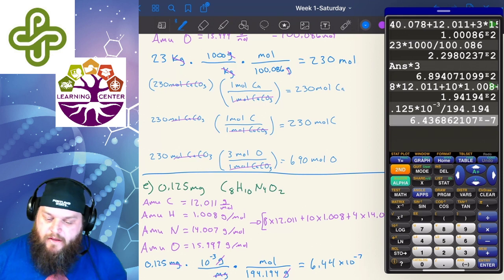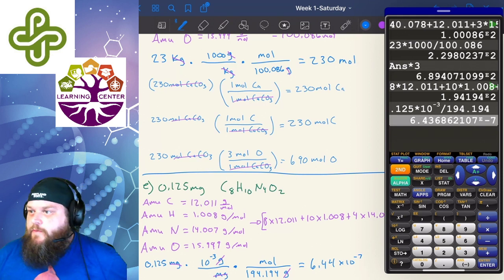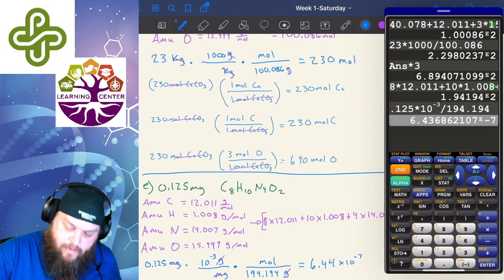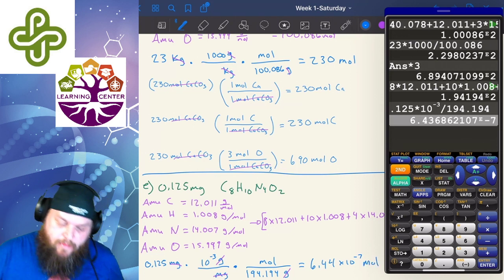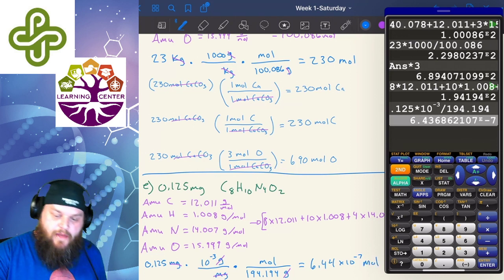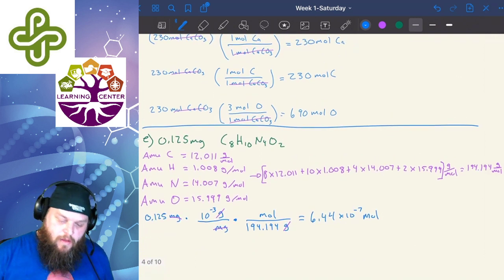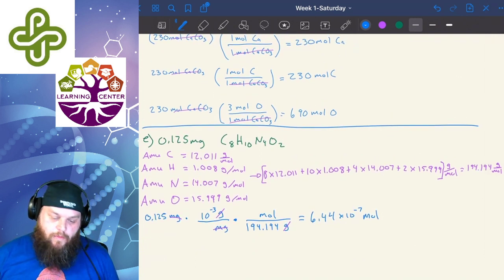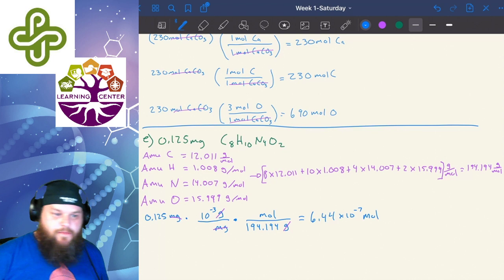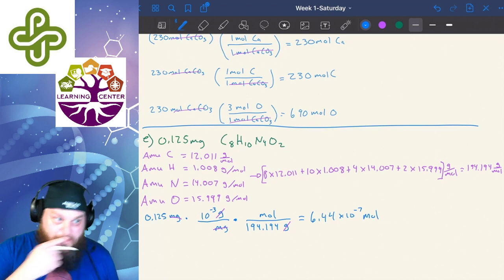So, plugging it all in, we can see that's 6.44 times 10 to the negative 7, and the units for that is in moles. That's how many moles of caffeine molecules we have. We now need to convert them to the moles of each of the individual compounds. I'm going to do that on the next page.